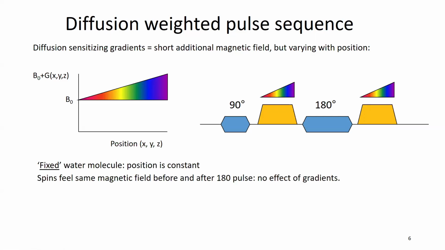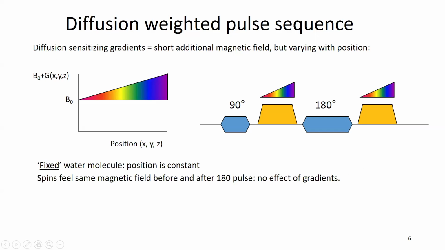First we are looking at a molecule which is fixed. So it's a water molecule which is, say, in a cage and it cannot move at all. The position is constant and it remains constant during this whole sequence.